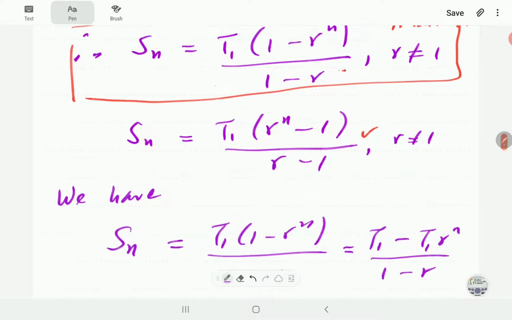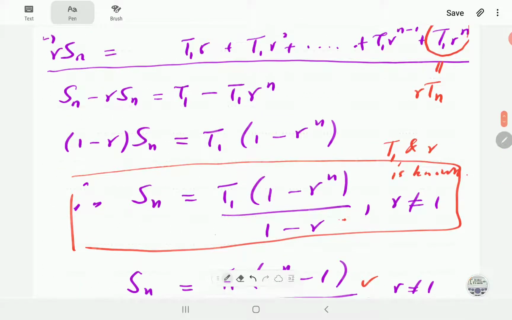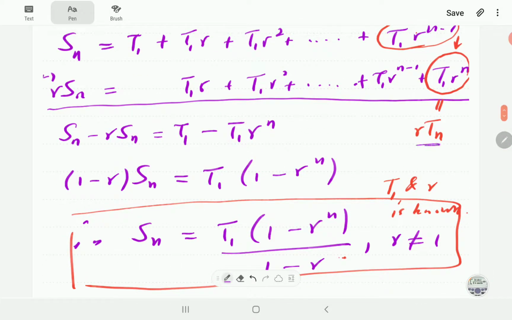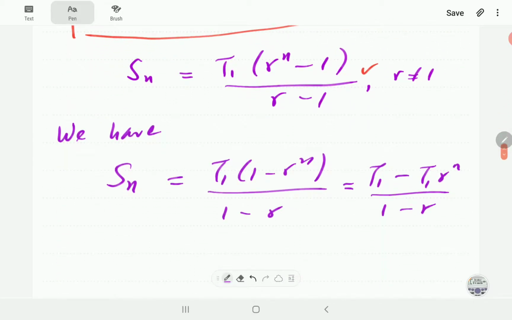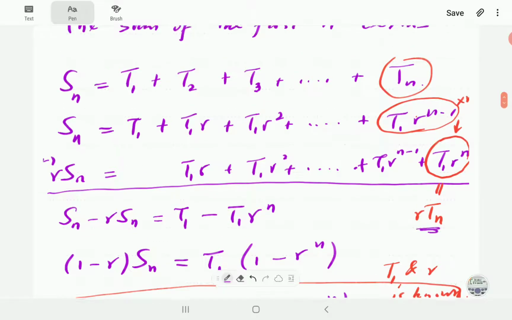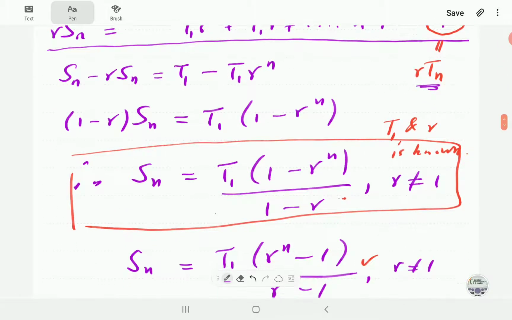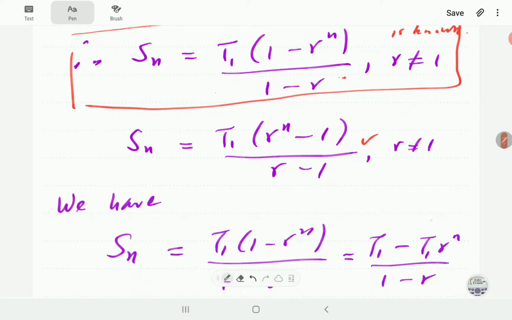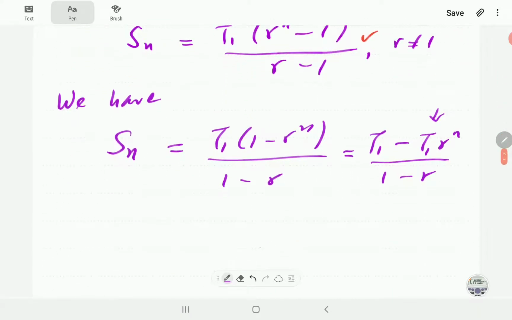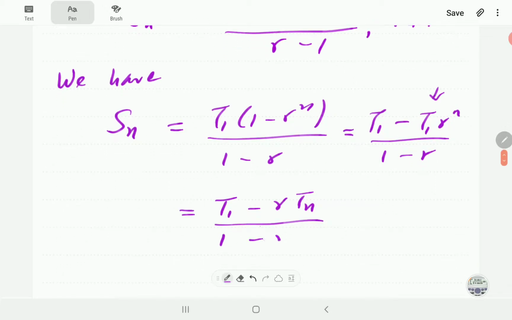And then this T1 r to the power n is just r times Tn. So we're going to take that and plug it in here. Okay, so that means we can write the formula as T1 minus r Tn over 1 minus r.